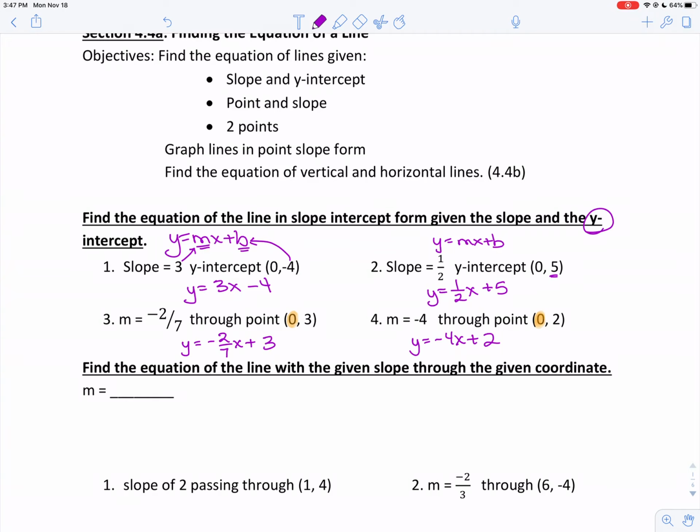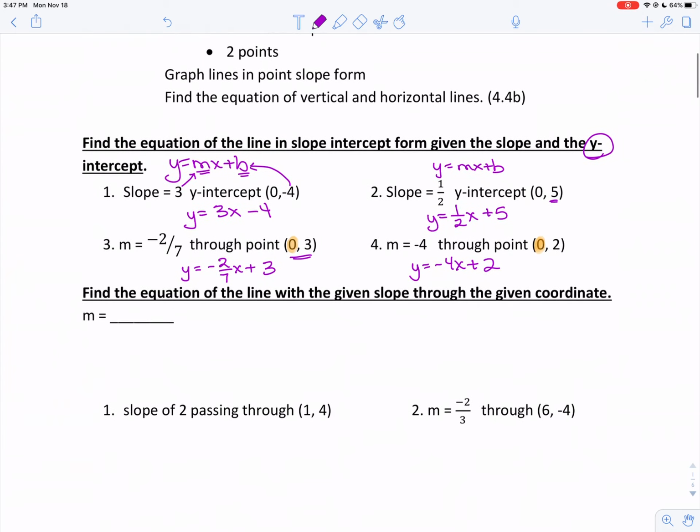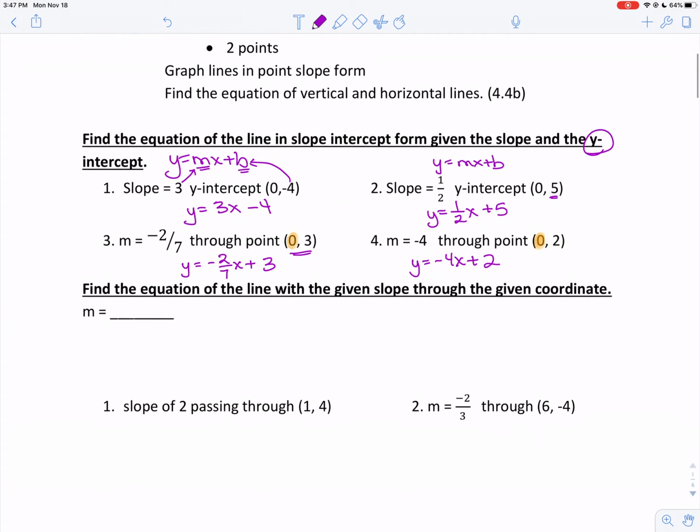Now, what happens if they gave you a point where you do not have the y-intercept? It's just any old point. This is the one you're going to use the most, but you need to have an actual formula. But you already have a formula that we can just tweak a little bit. So we have m equals y2 minus y1 over x2 minus x1. That's our slope formula, right?